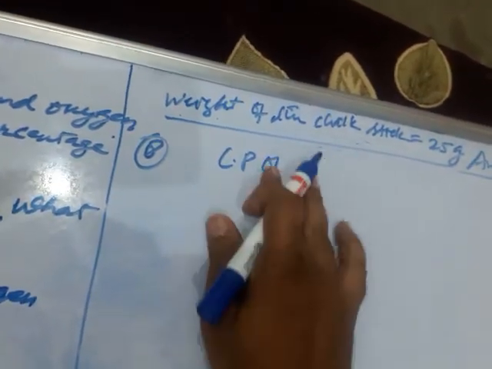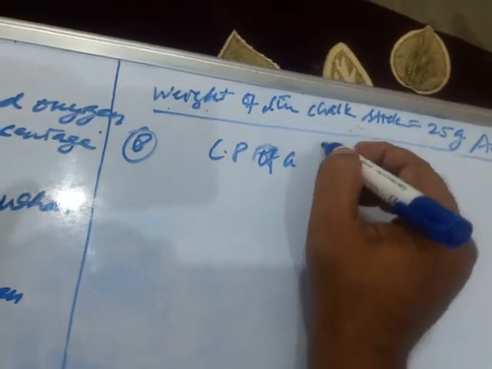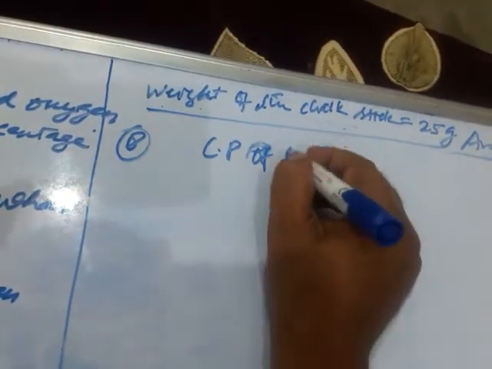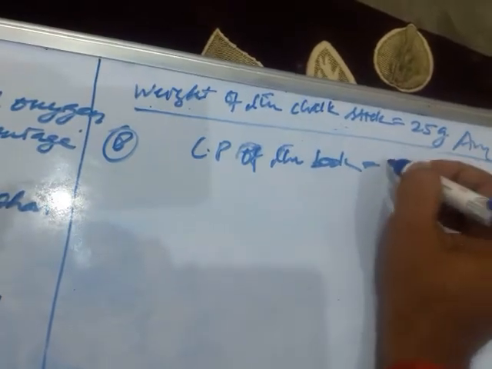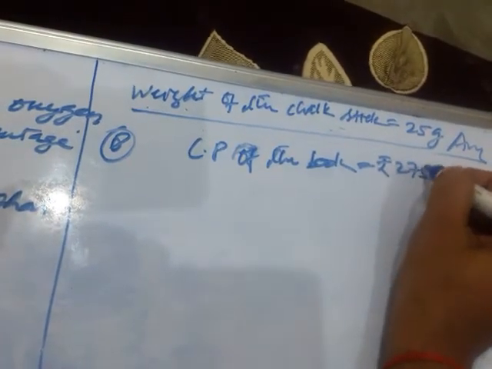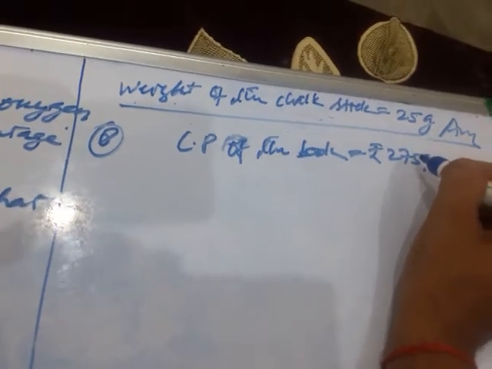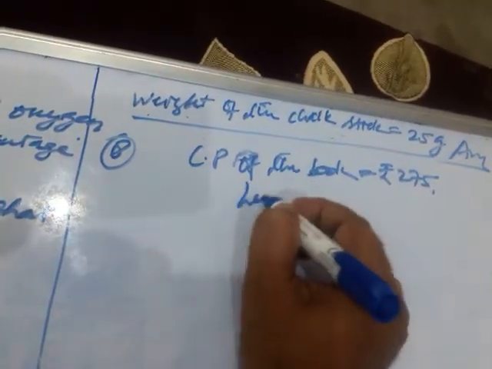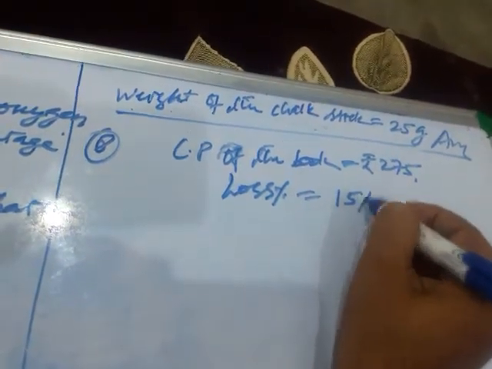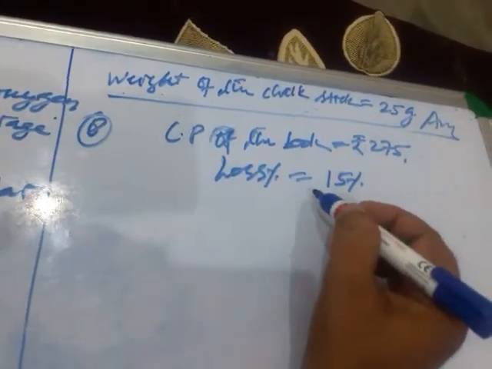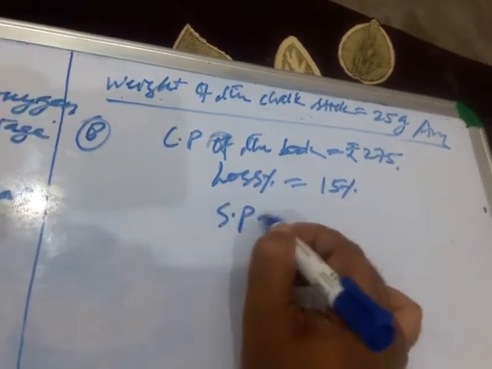CP of the book equal to rupees 275. Clear? And sells it at a loss of 15%. Loss percent equal to 15%. Then how much does she sell it for? Then you have to find SP, children.